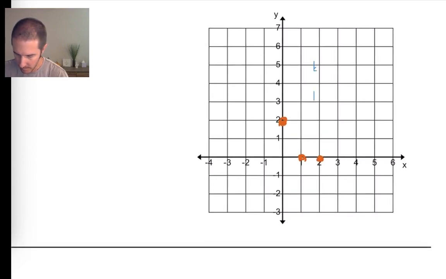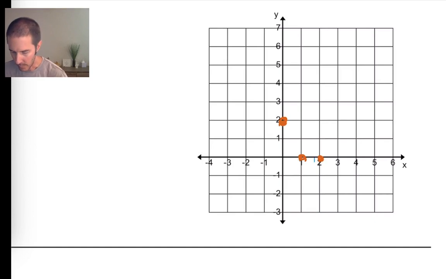So let me see if I can draw. Some of those little lines did not register. There we go. This is going to be our, that was terrible. Please erase.